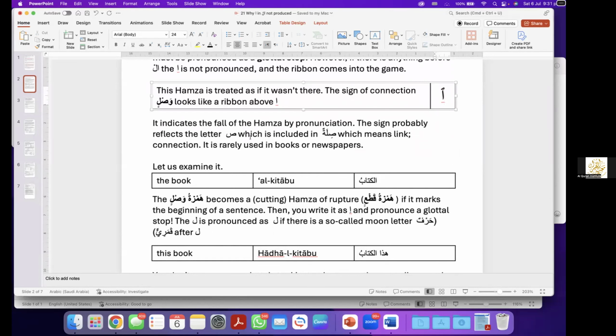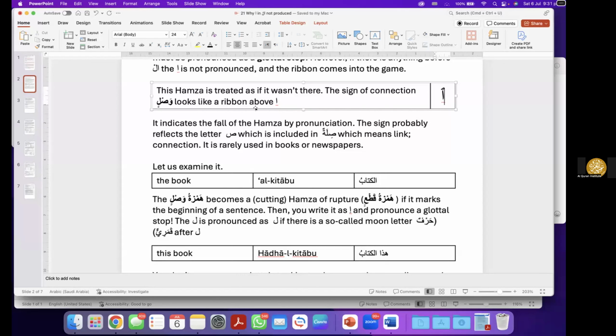Say again, sister. Yes, alif, waw, and ya. Alif can also make long sounds as well.